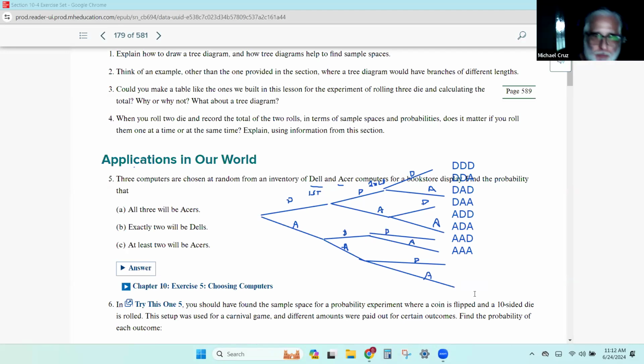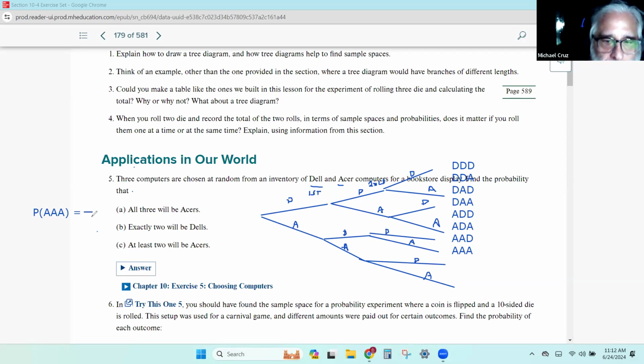All right. Now, what would be the probability that we're given three Acers in our display? Well, how many total computers are there?